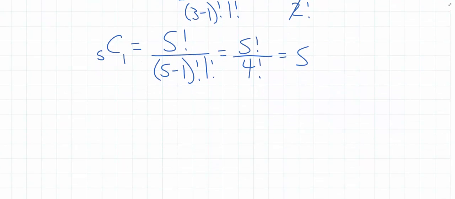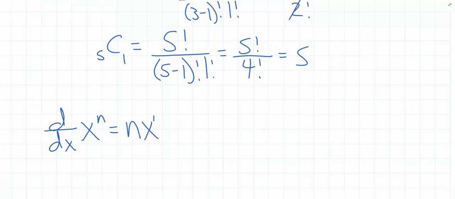Okay, so what we have is this situation. If we're differentiating a power function, let's say x to the n, that's going to be n x to the n minus 1, where n is a natural number. Now, I think you're probably convinced of that, because you can see the second term is going to be 1 less than the first in the power, and also the coefficient is just going to be the power that you started with.